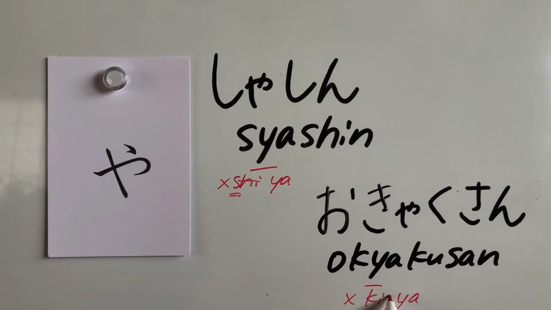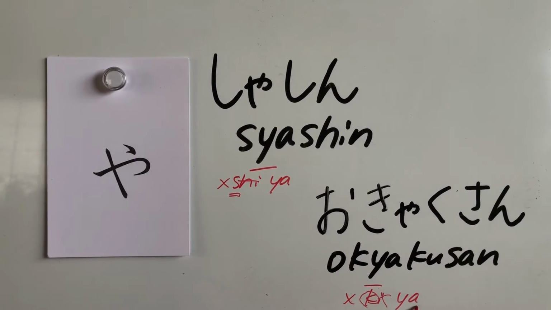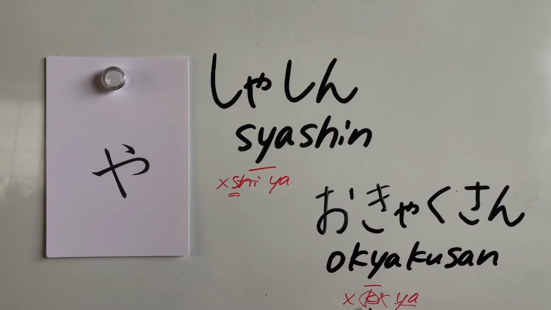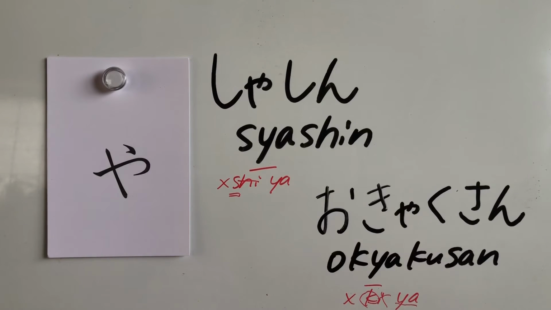But we don't pronounce this vowel. So we have K plus YA, and that makes the sound of kya. Okay, so shashin means photo, and okyaku-san means customer.